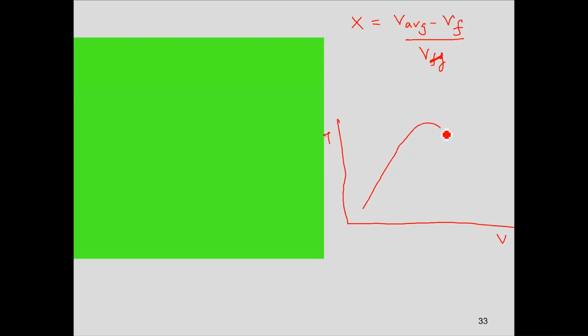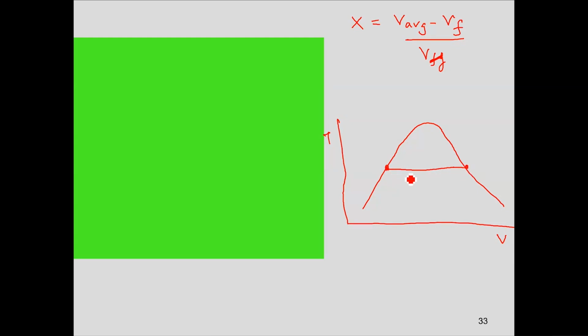The formula is x equals V average minus Vf over Vfg. Now, I have this temperature specific volume plot, and this is the isothermal line, the phase transformation line.